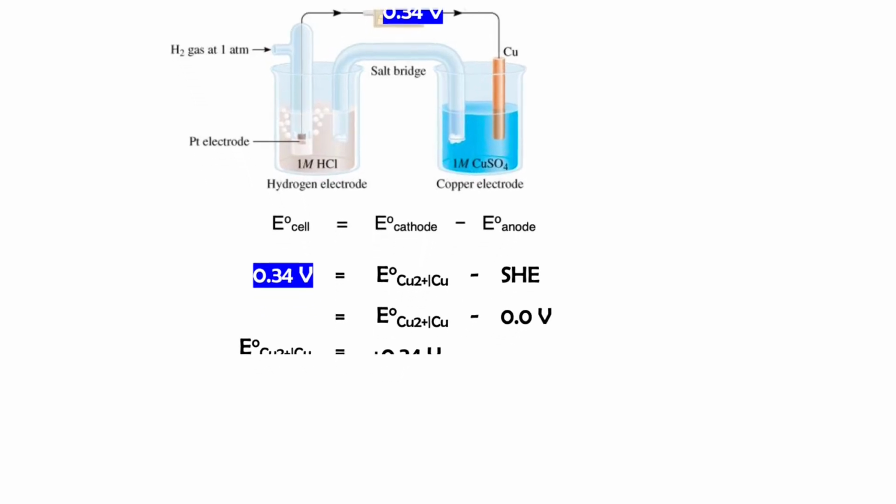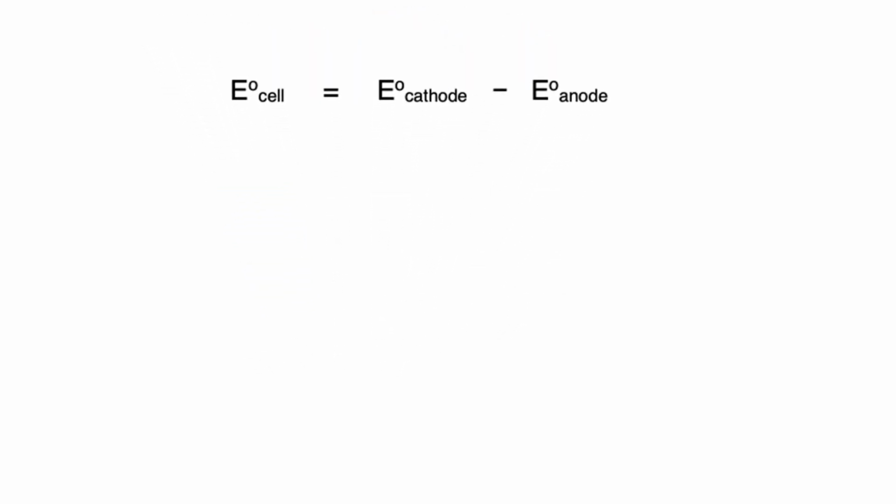Now, when using this, I want to give you some tips. Okay, ini tips dari Madam. Now, sometimes we were given values and we want to know which one should be cathode and which one should be anode.